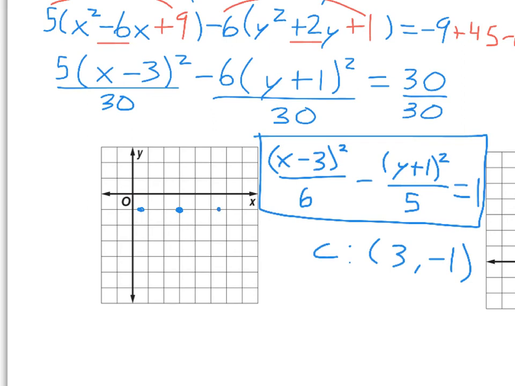And for 5, I'm going to go up and down, and I'll go about 2.25. And we make our box. Then make the diagonals of the box. This is horizontal because the x is positive, so we go sideways for our hyperbola.